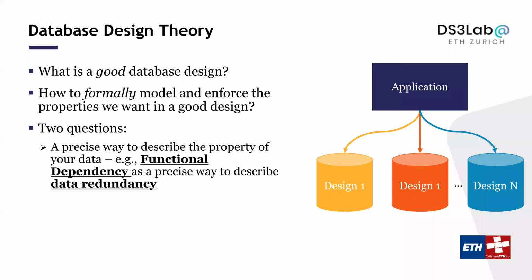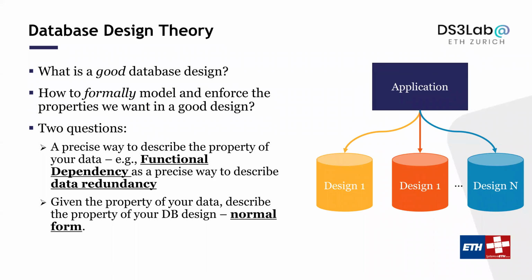In the last lecture, we talked about one notion of that, using functional dependency as a precise way to describe data redundancy. The second question is, given the property of your data, in our context today given all the functional dependencies that you have in your application, how can we describe the property of a given database design? That is what we are going to talk about today, and it is what we call the normal form.